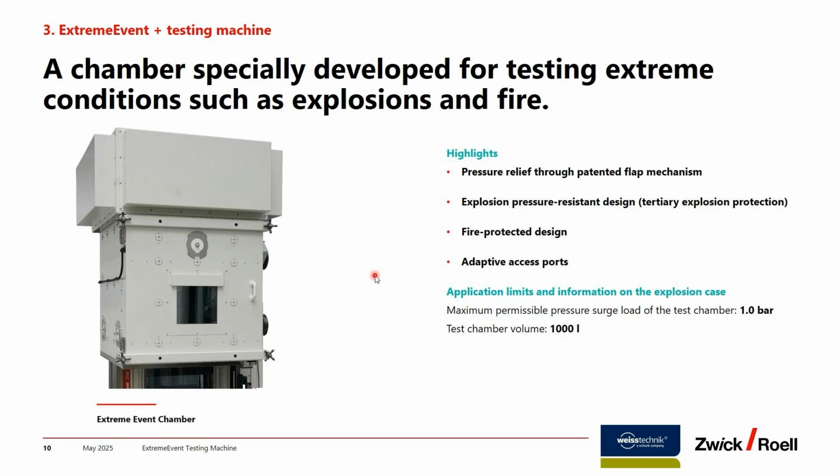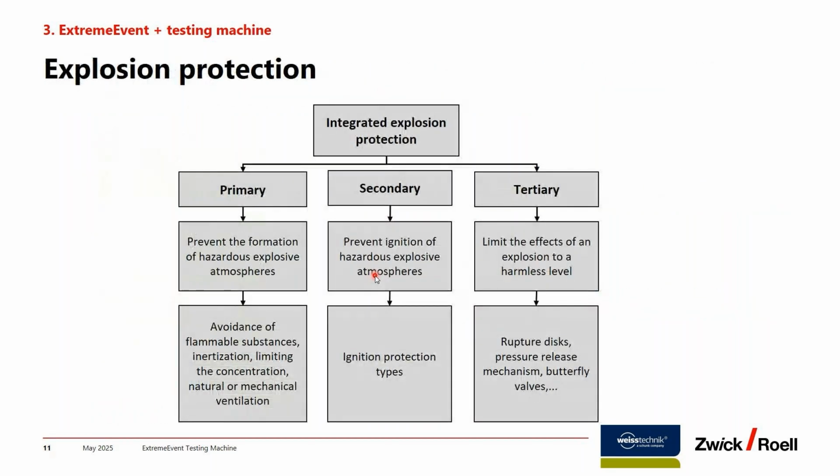At the moment, they also have a new test chamber where the volume is now bigger. Now it's also possible to have a volume of 1,500 liter. This chamber is a fire protected design, and the testing chamber is the first stationary explosion protection that they have. I will now go to the slides that I got from Matthias Eitner, who is responsible at Weiss Technik.